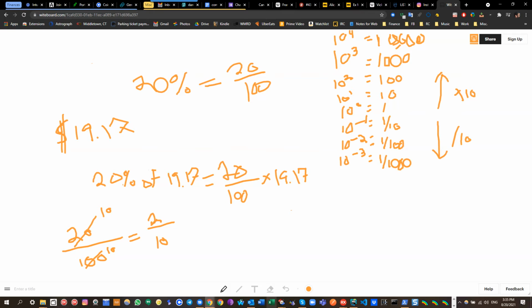I'm trying to think if there's a better way that I can say that, but I don't think currently I have one. The point of the fraction is the relationship between the numerator and the denominator. You can make these two numbers whatever you want as long as the relationship between them mathematically remains the same.